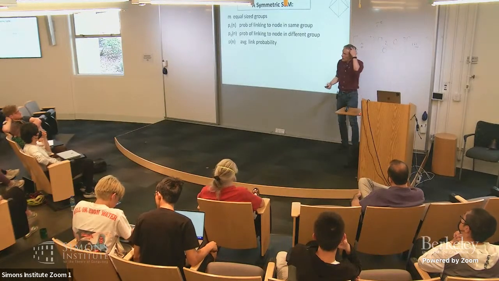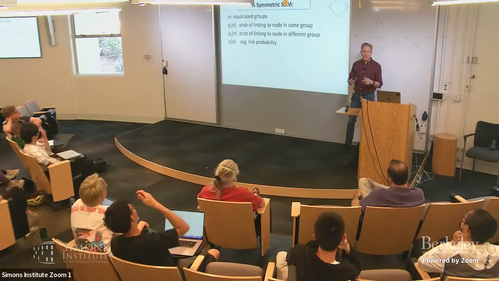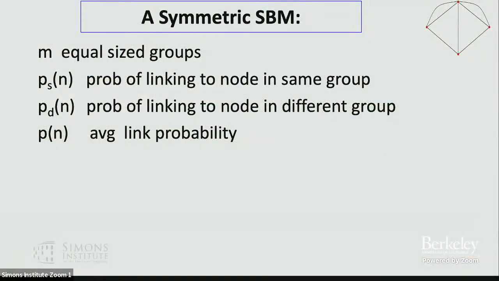Okay, so let's look at a very simple block model, and then I'm going to give you a relationship with Ben between homophily and this lambda 2. So let's just take M equal size groups, make it the simplest possible homophily model we can have. You have some probability P_S of connecting to somebody within your same group compared to somebody who's different, P_D.